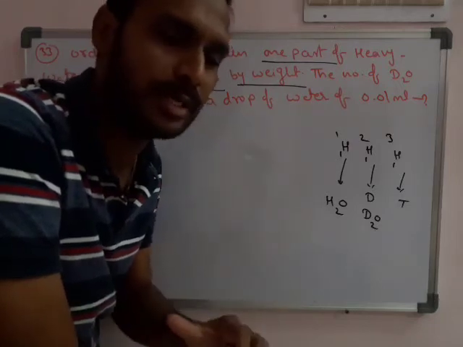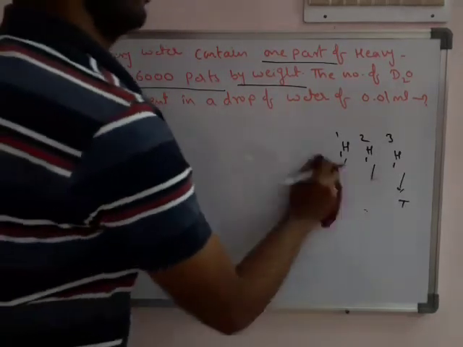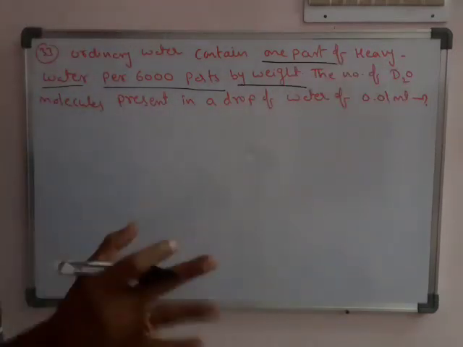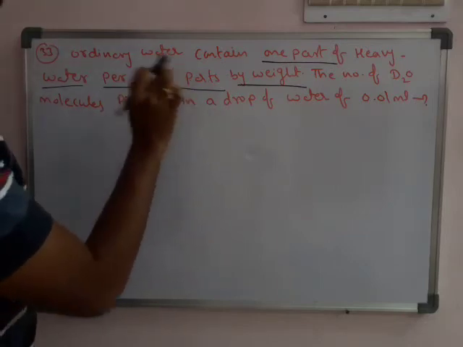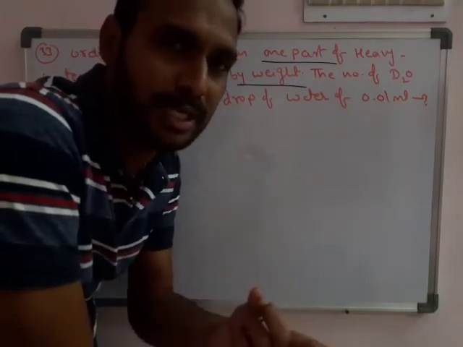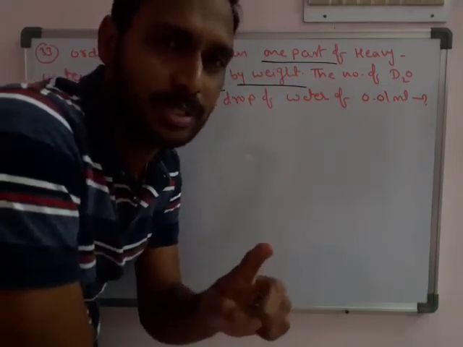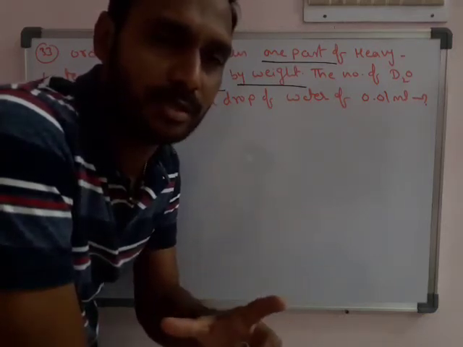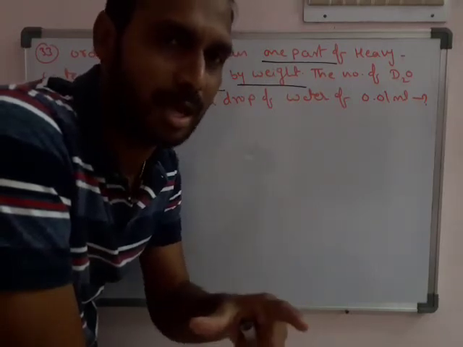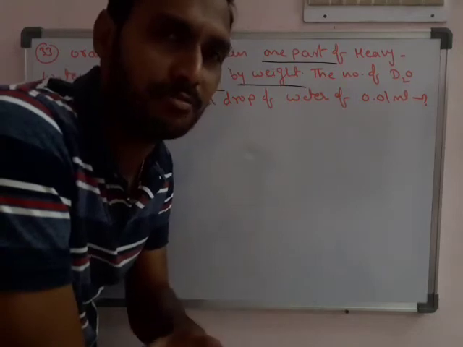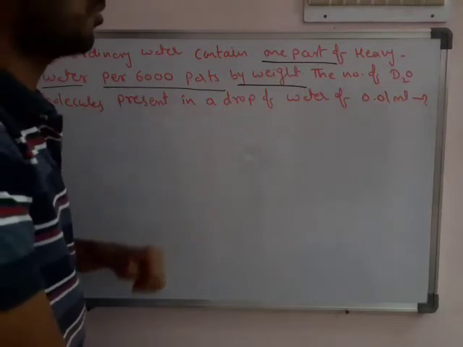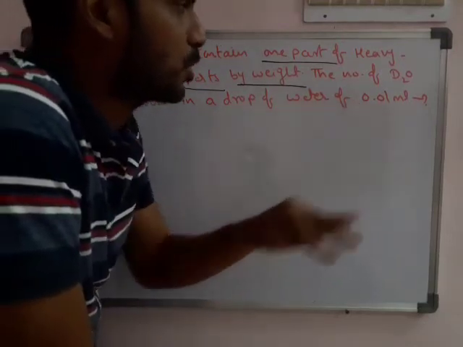Here in the problem it is given that in 6000 parts of normal water there is only 1 part of heavy water. It is not given in parts per million or percentage. Normally, if we take 6000 parts of normal water, there is 1 part of heavy water in it. That is in terms of mass, not in liters or volume. We have to find the number of D2O molecules present in a drop of water having 0.01 milliliter.